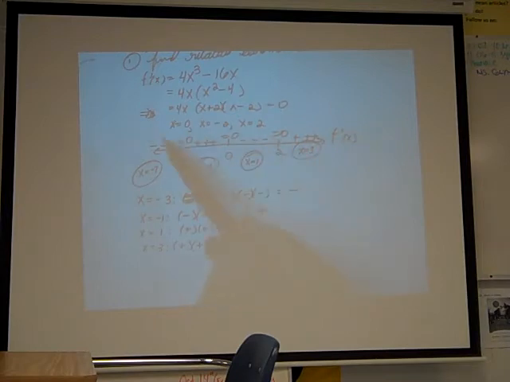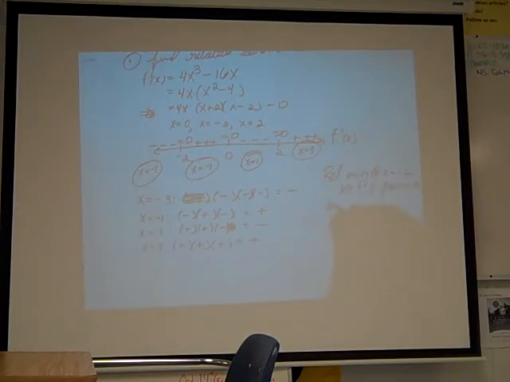So, we've done our number line test. We can say with confidence that we have a relative minimum at x equals negative 2 because f prime changes from negative to positive.